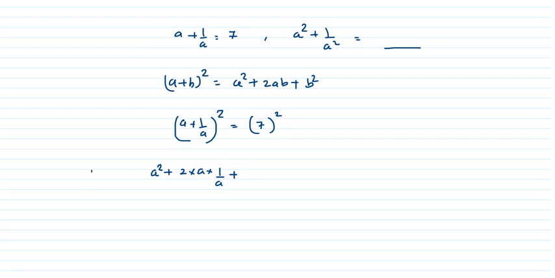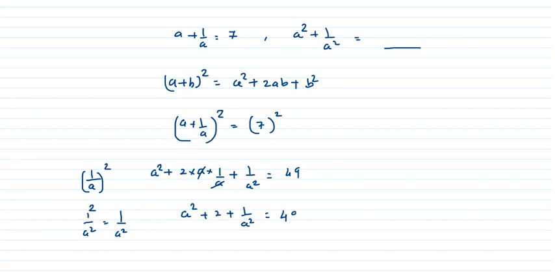Everybody makes a mistake here: (1 upon a) square, that is 1 square upon a square, 1 square is always 1, a square is a square. So second term square, that means 1 upon a square, is equal to 49, since 7 square is 49. Now here the a will cut. So what you are left with is a square plus 2 plus 1 upon a square is equal to 49.